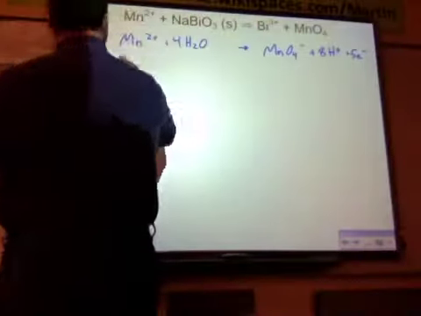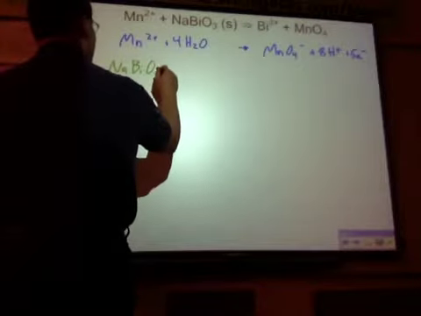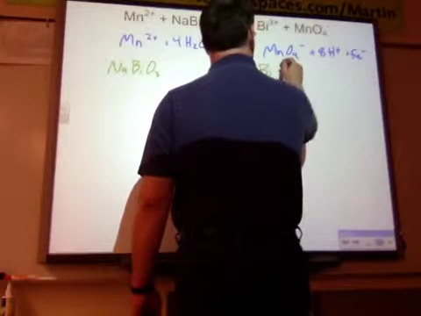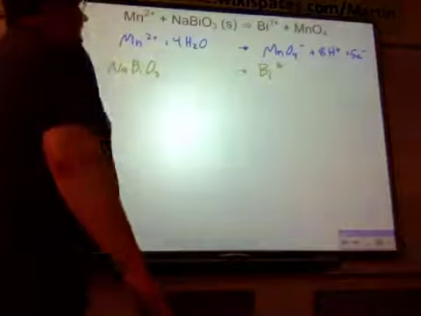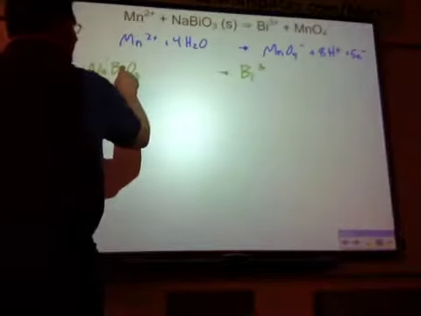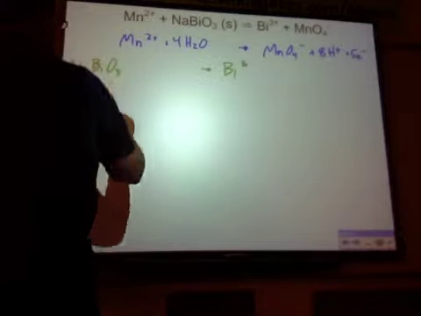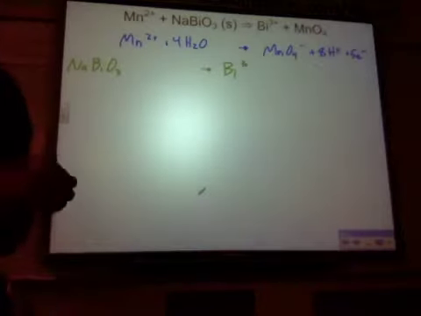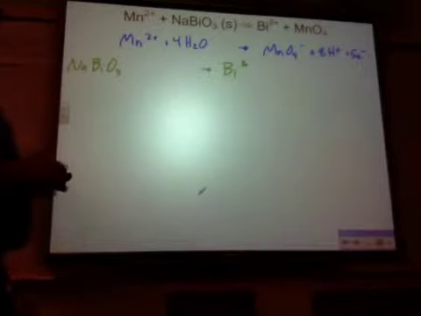Here's the other one. NaBiO3 goes to make Bi 3 plus. Gosh, I hope we have enough room on that side. Tell you what, let's move that over. So, what's our first step? Balance everything except hydrogen and oxygen. What else do we have to account for here?